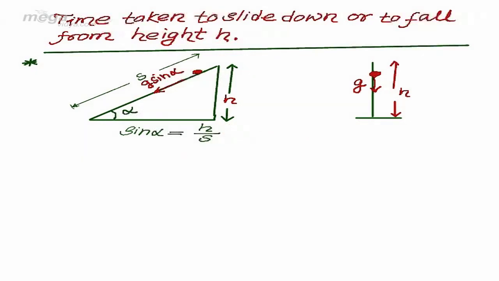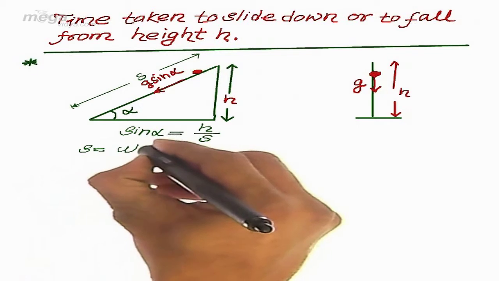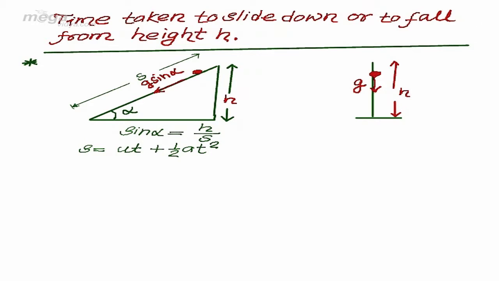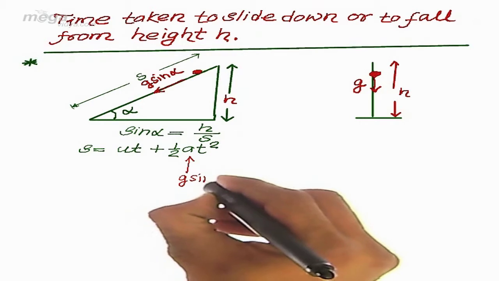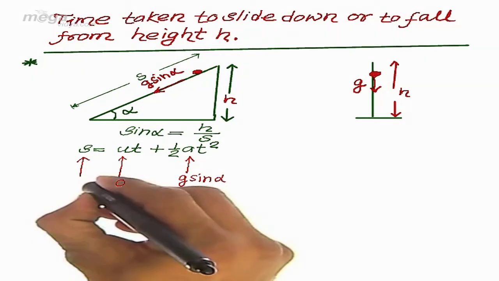If we consider the particle sliding down the inclined plane, then using the second equation of kinematics, which is s equal to ut plus half at square, here we can put the acceleration of the particle to be g sine alpha, which is along the incline. The initial velocity of the particle is 0, and the displacement traveled by the particle till reaching the ground is s.